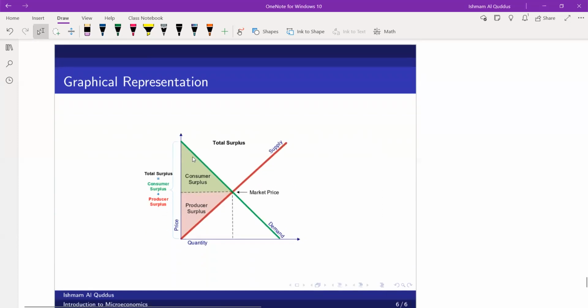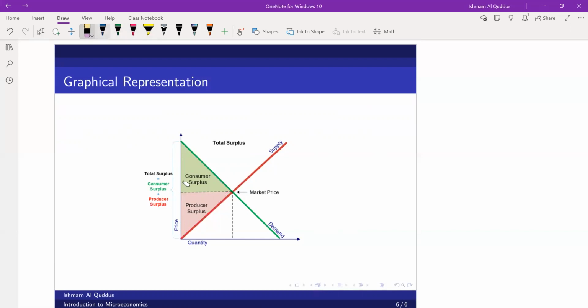So the green shaded region is the consumer surplus. The light purple shaded region is the producer surplus. And this area, consumer surplus plus producer surplus, gives you the total surplus.